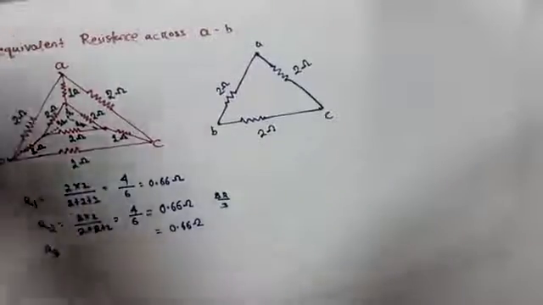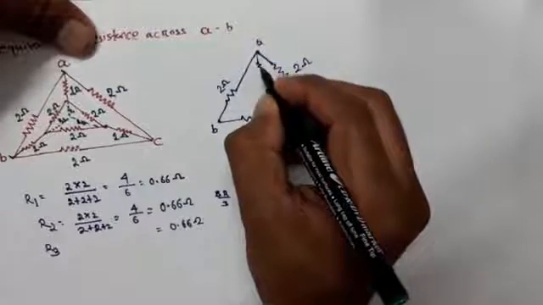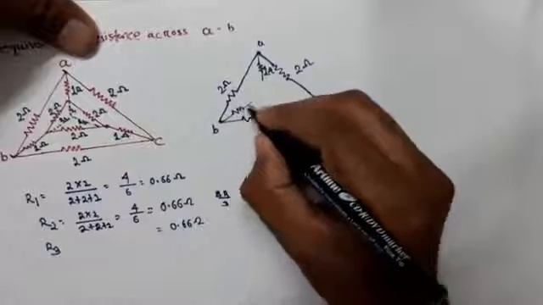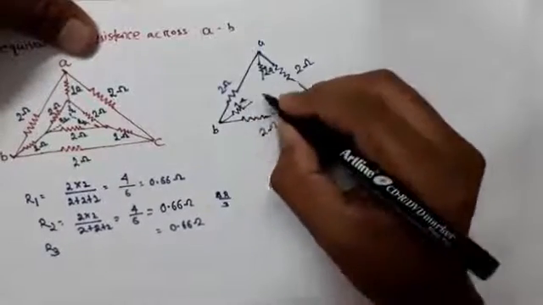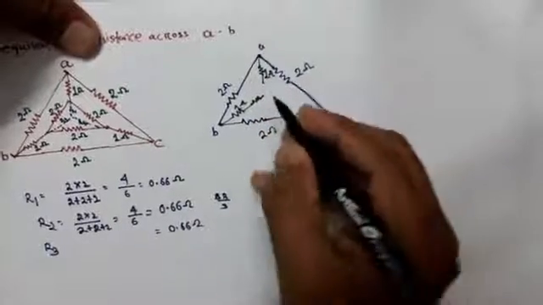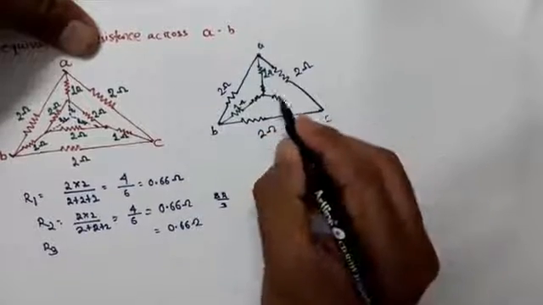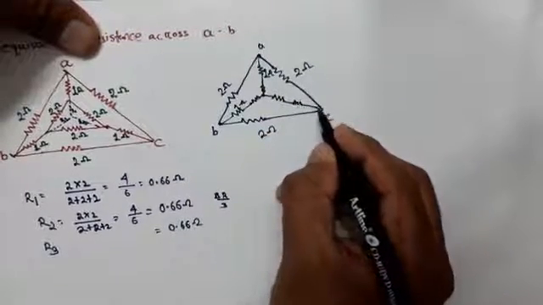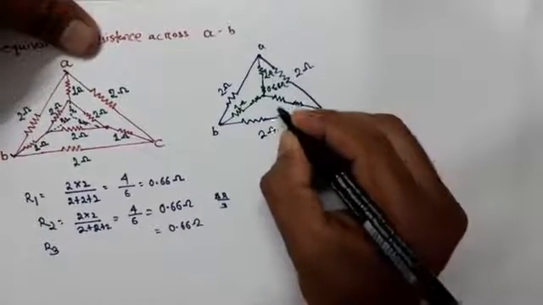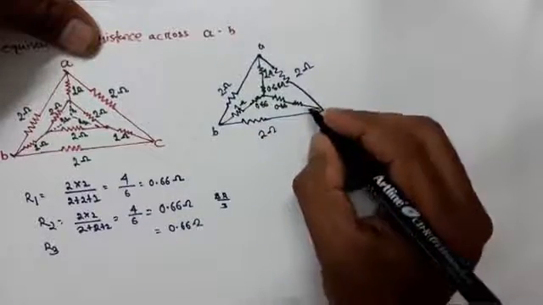Then the internal circuit is like this, delta converted to star. This is as usual the same, 1 ohm, and this is also 1 ohm. And this star, the R1, R2, R3 converted like that. We can make it 0.66, this is 0.66, this is 0.66, and this is 1 ohm.